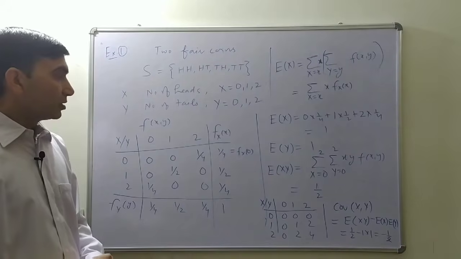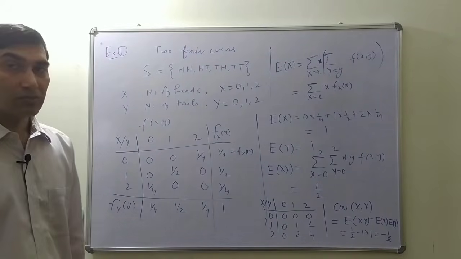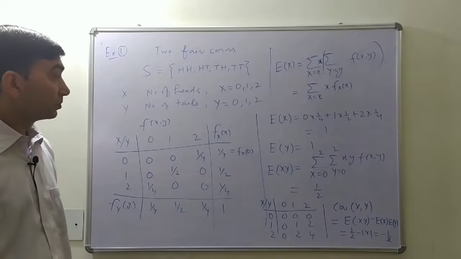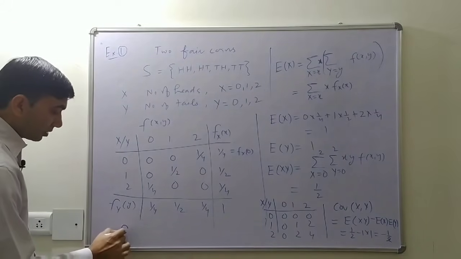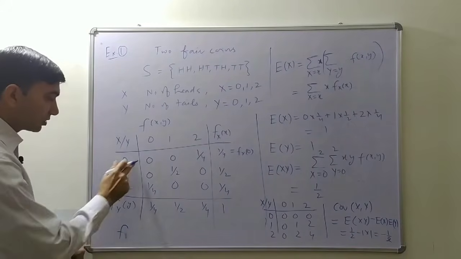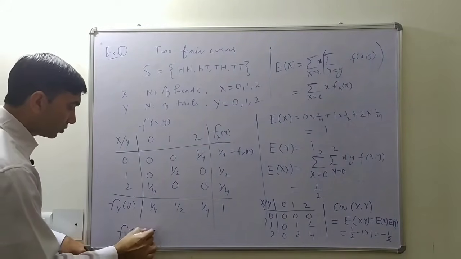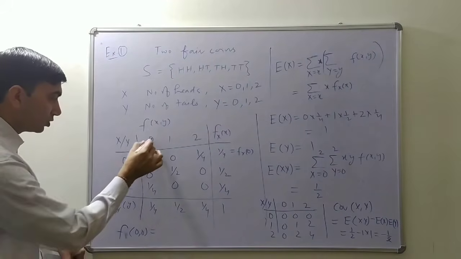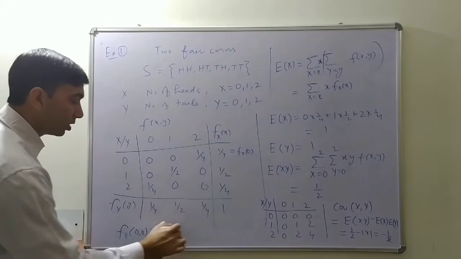One final thing in this example: what can we say about the independence of x and y? Let's calculate. In fact, we need not calculate. We can see from here the value of fxy at 0, 0 is 0.